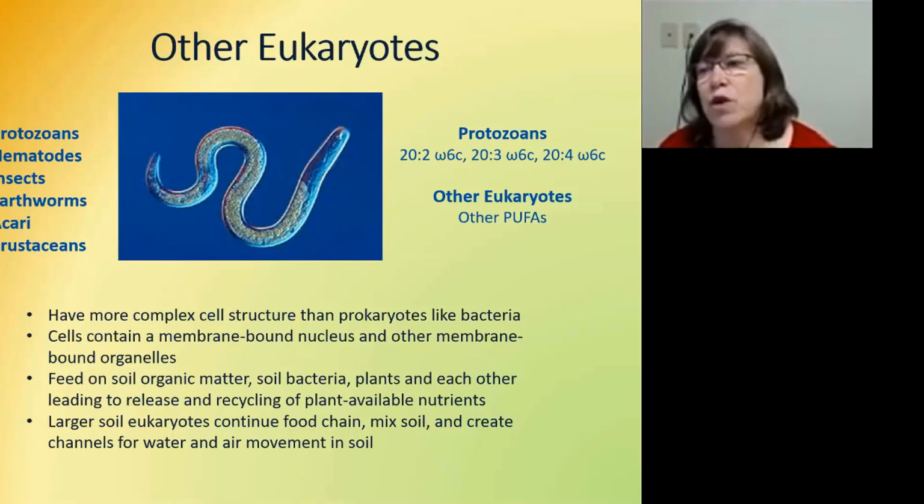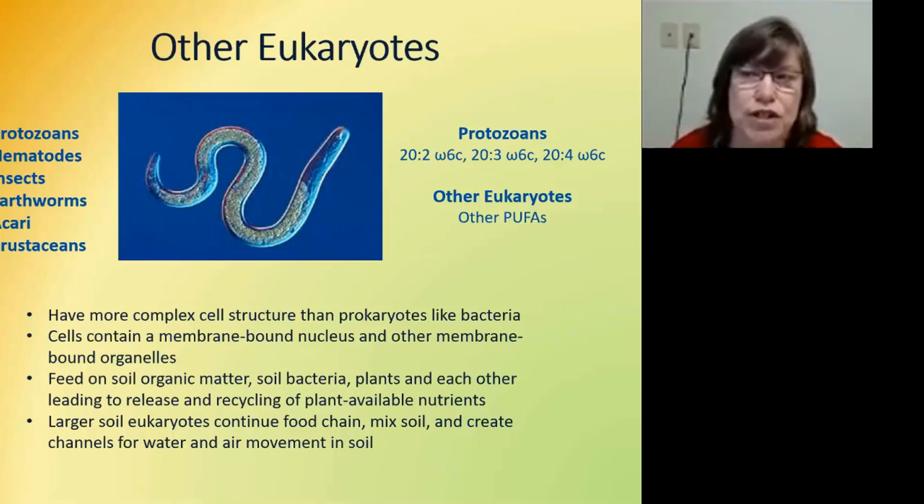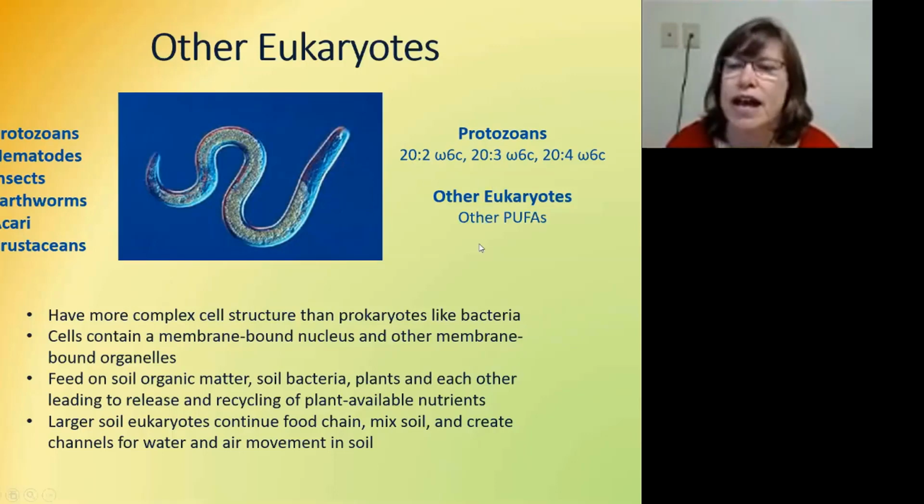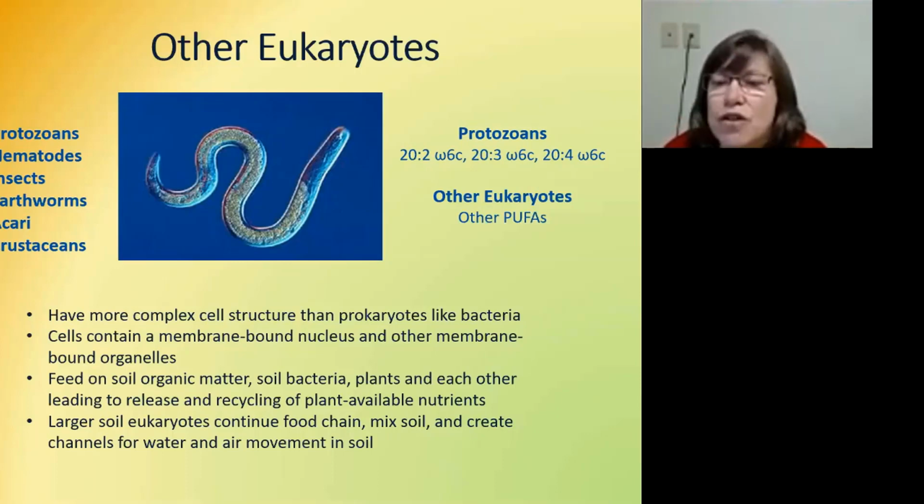And currently we don't list just protozoans, but if you wanted to figure out on their own, they're the 20 carbon length compounds or fatty acids that are listed here. And then other eukaryotes are other polyunsaturated fatty acids, which means that they have more than just one double bond.